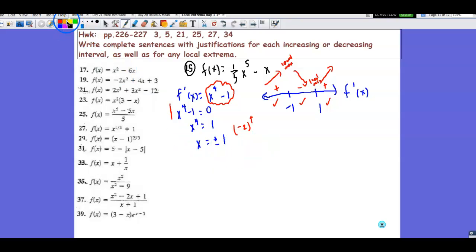So again, with the write-up, I'm going to be very specific. So I'm going to start with the increasing. So f, whoops, whoa, slip there. Let's fix that. Right, there you go, eraser.